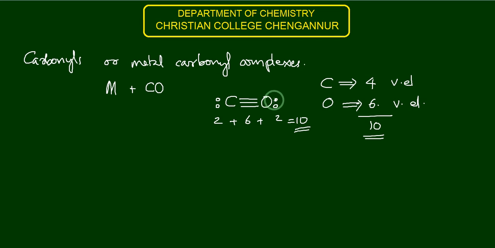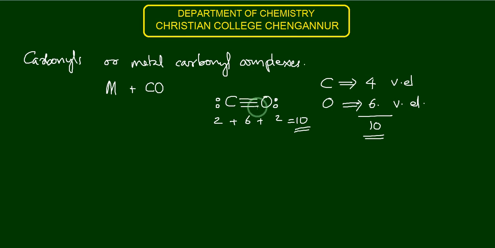Now you can count the share of electrons for each atom in carbon monoxide, both for carbon and oxygen. In the case of oxygen, we count 2 electrons from the lone pair, then each bonding pair of electrons is shared by carbon and oxygen. So from each bond, oxygen has a share of 1 electron.